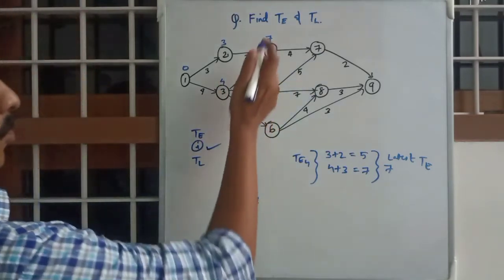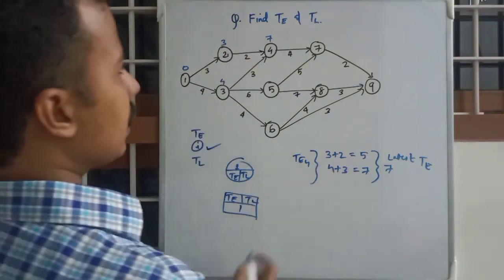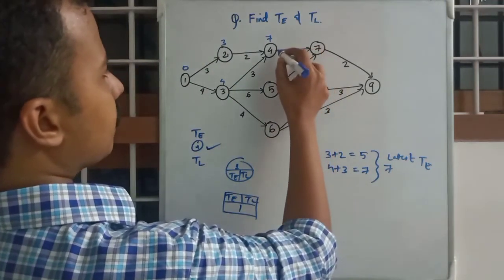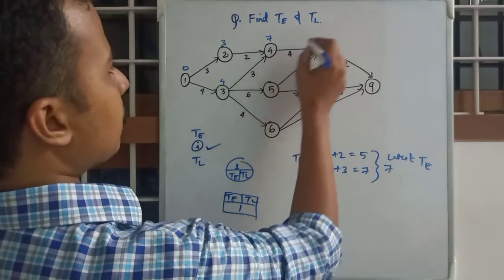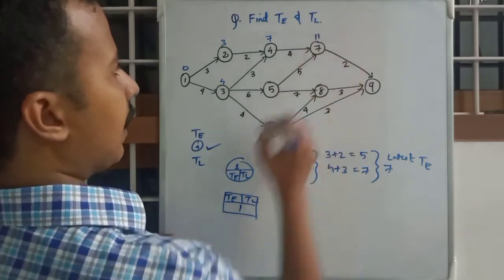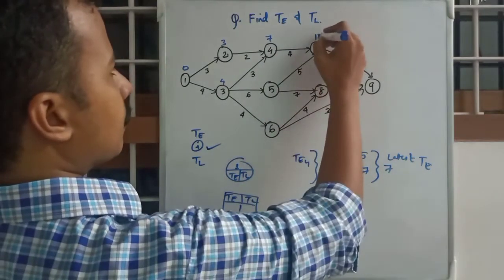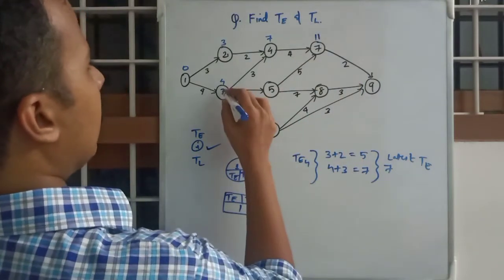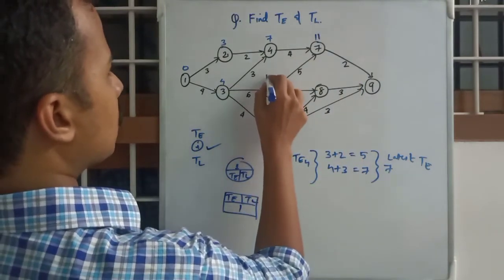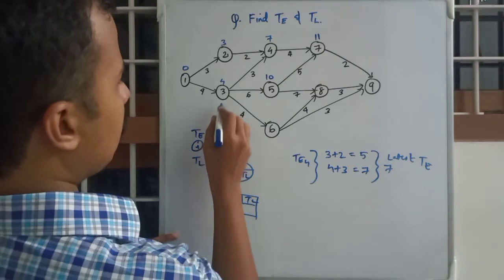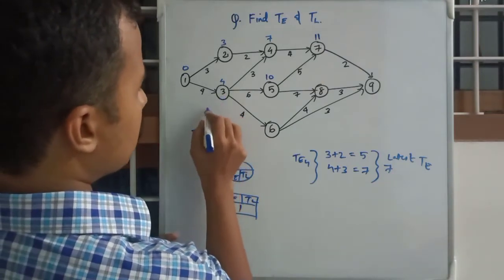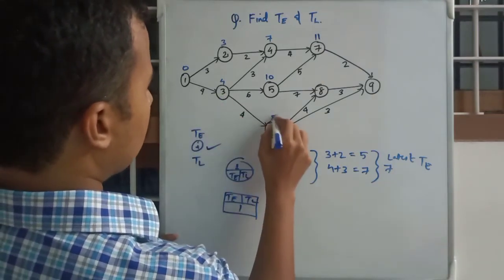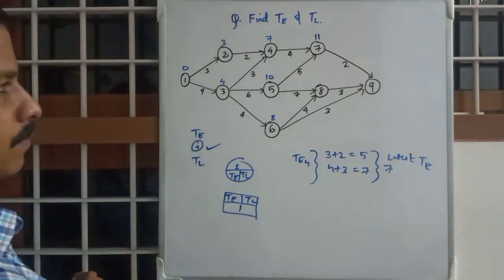Okay, so 7 latest T and 7 plus 4 is 11. Okay, and 4 plus 6 is 10, 4 plus 4 is 8 for 6.